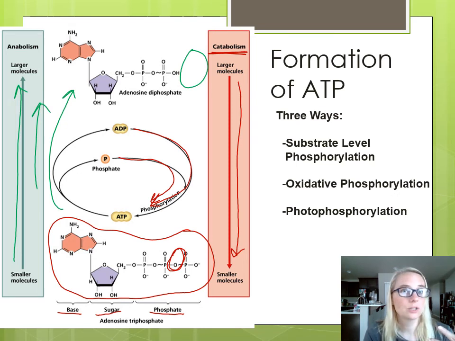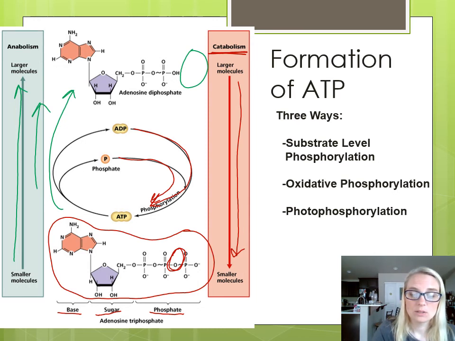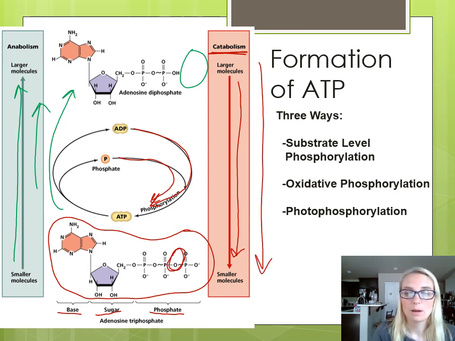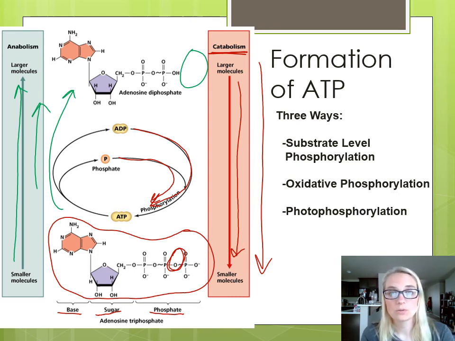Your cells, bacterial cells, your cells, cat cells, plant cells, slime cells, they are all doing this cycle of making ATP and breaking ATP and making and breaking, because that's how metabolic pathways work in cells, both prokaryotic and eukaryotic cells. In this process going this way, when we are catabolizing and releasing the energy stored in those nutrients, we are making ATP.